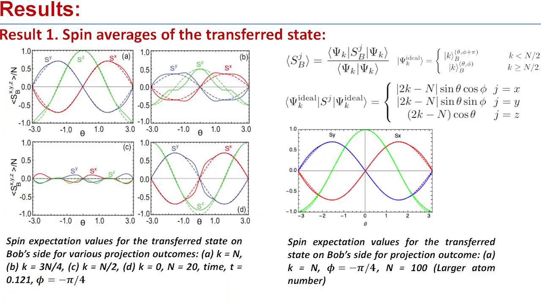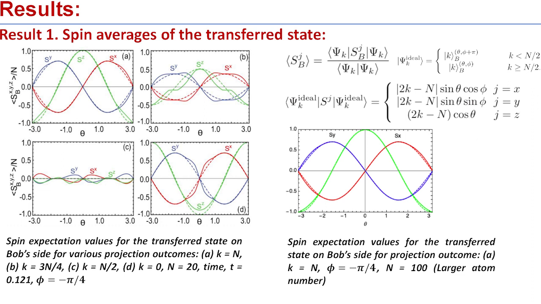So yeah, now I would like to describe more on the success of the protocol. Here we first see the spin averages of the desired state, which is being transferred to Bob's site. They are calculated in the usual way. The dashed lines here are for ideal cases, what we expect from the ideal remote state preparation protocol.